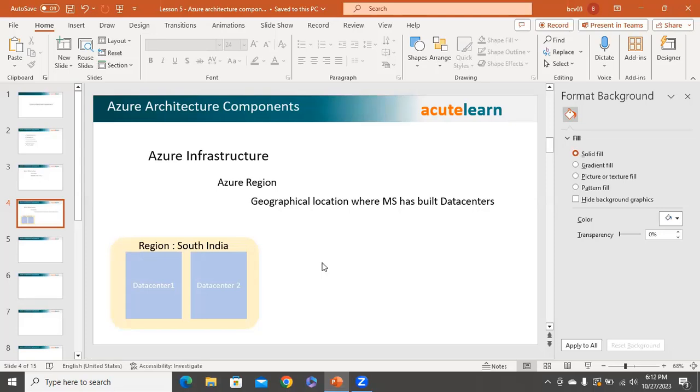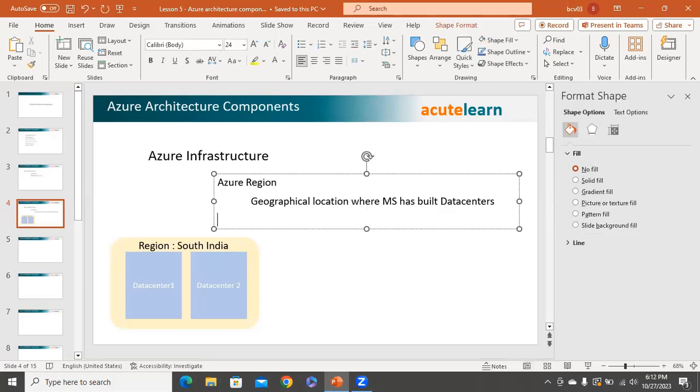So in a specific region, we might have 2 data centers, 3 data centers, or a couple of data centers. We call an Azure region a set of data centers which are available in a specific geographical region.